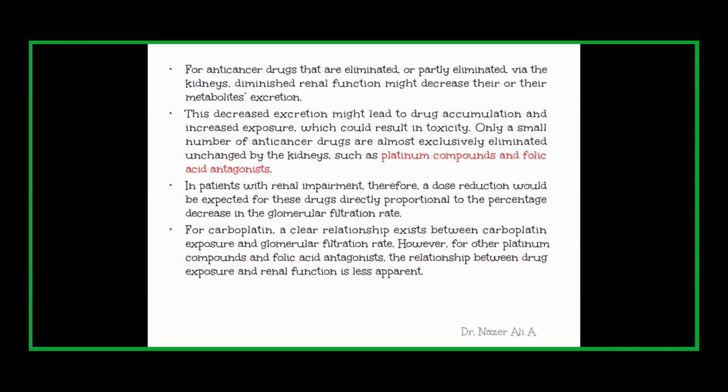For anti-cancer drugs that are eliminated via the kidney, diminished renal function might decrease their metabolite excretion. Especially the platinum compounds, cisplatin or carboplatin, are highly nephrotoxic. They rapidly undergo predominant elimination in the kidney. So those doses need to be adjusted.